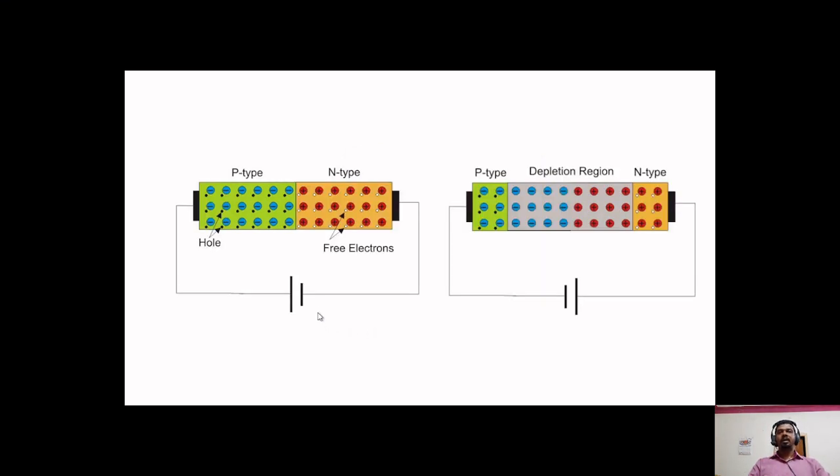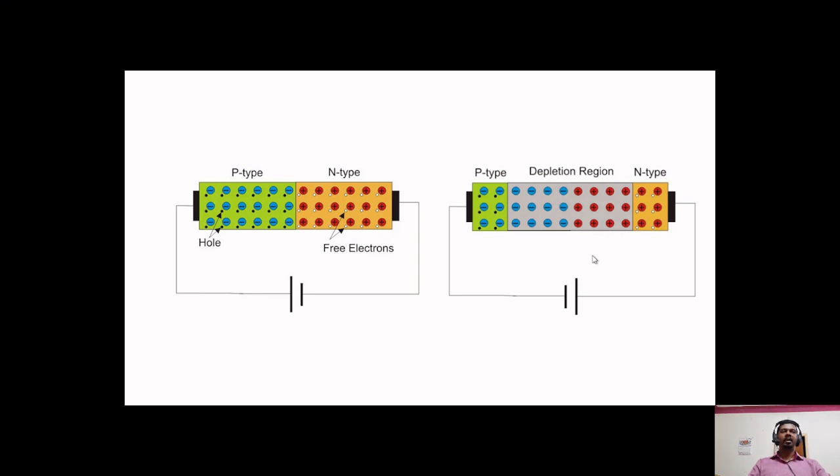Now let us see the forward bias condition and then the reverse bias condition. When the diode is connected in the forward bias condition, you find that the depletion layer decreases and becomes almost thin. So you can observe the flow of majority charge carriers, and thus you get the current flow.